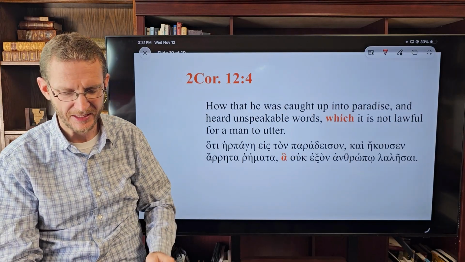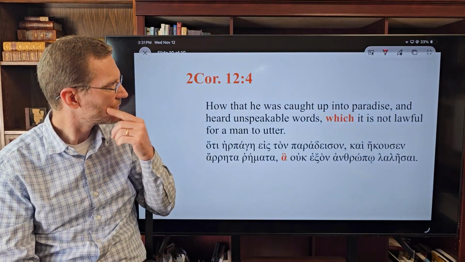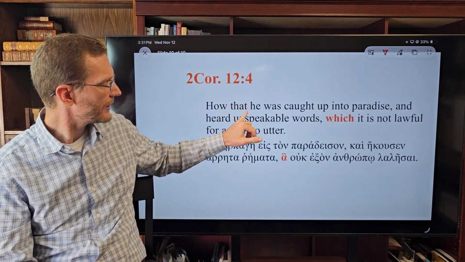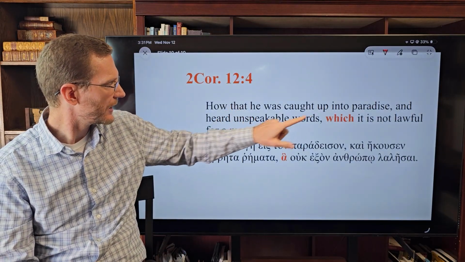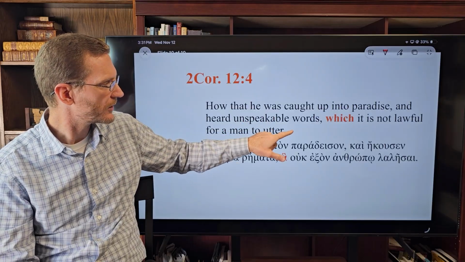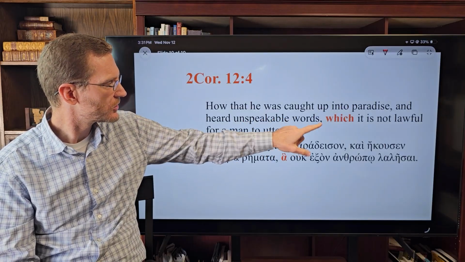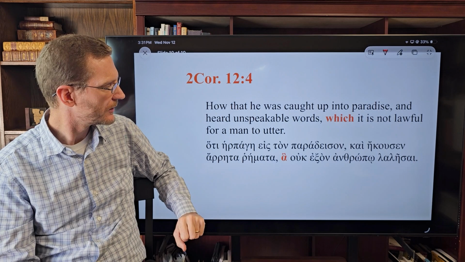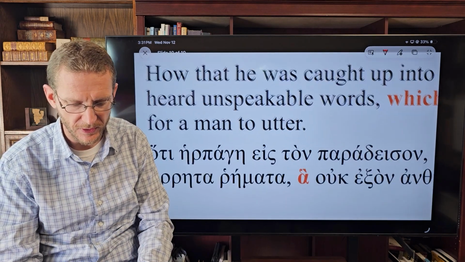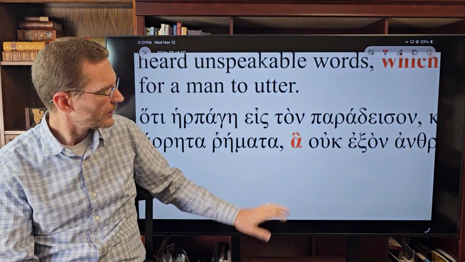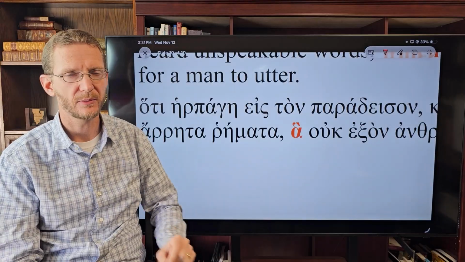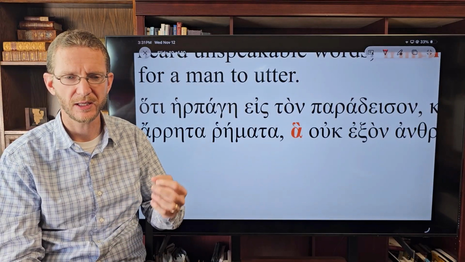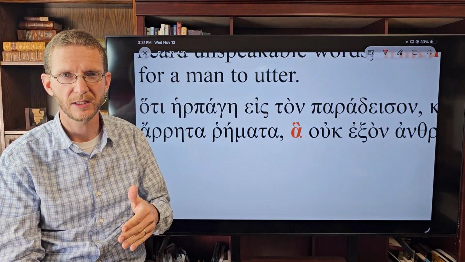Last here is this verse: "how that he was caught up into paradise and heard unspeakable words, which it is not lawful for a man to utter." If we look at the relative here, it's an alpha. Now, you might jump over to first declension and think hes, he.